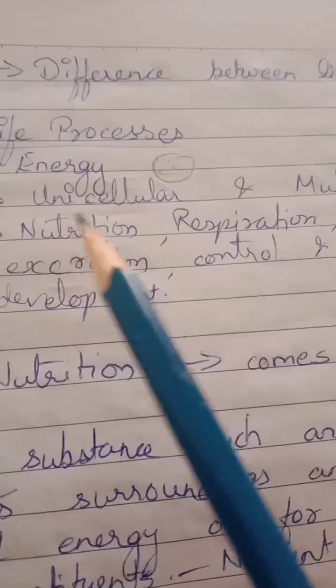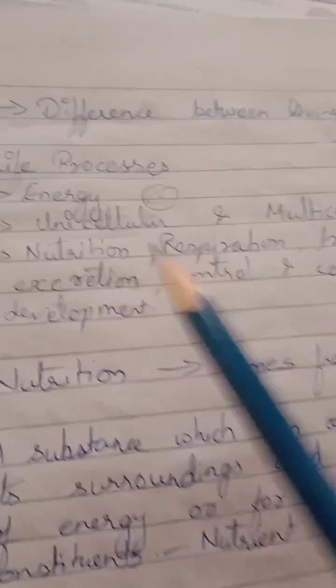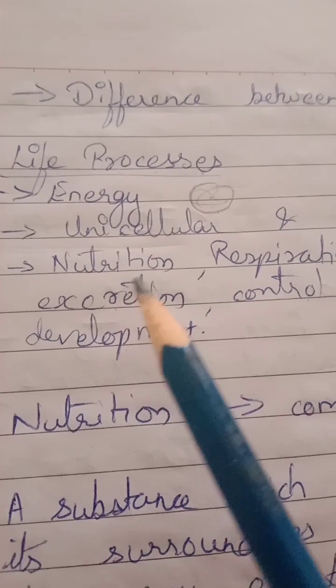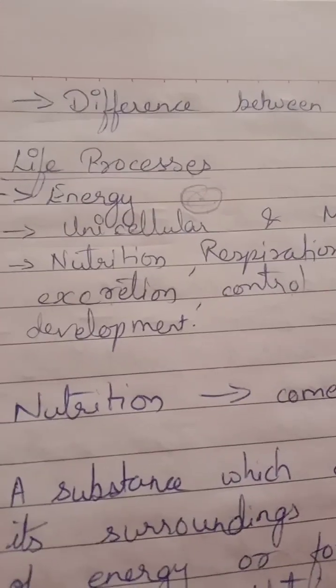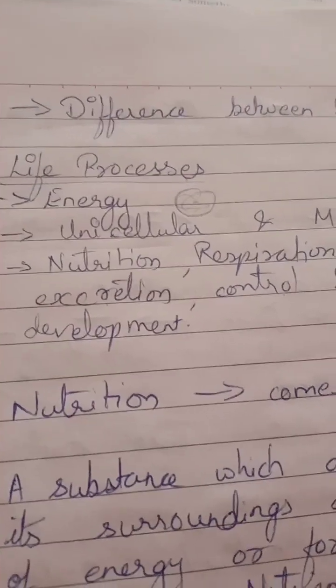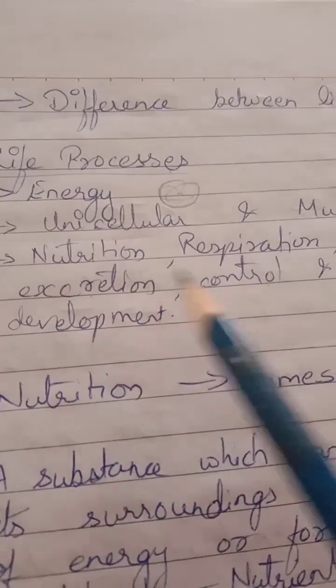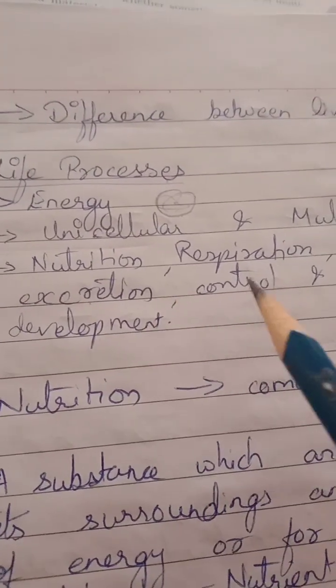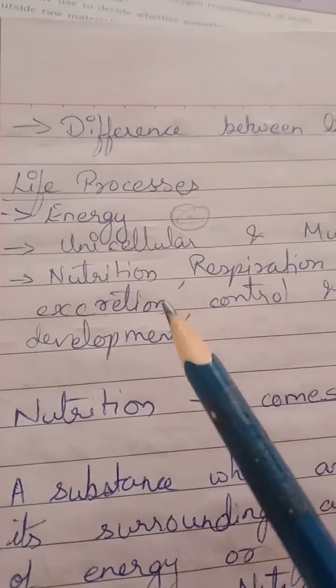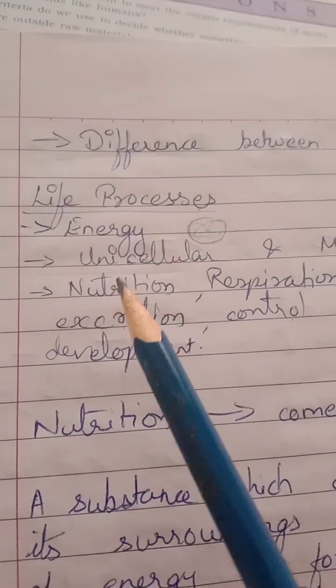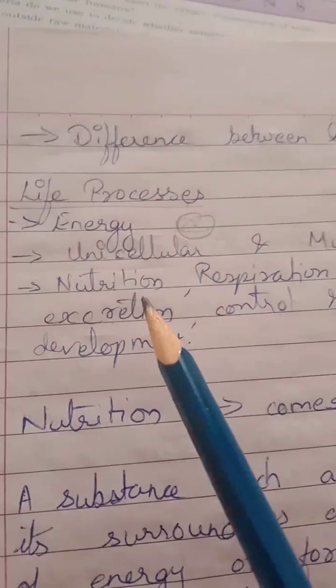These are the processes required for our body for growth, development, reproduction, everything that is happening. All these life processes should occur to have a balanced, healthy life. So in this chapter we are going to deal with the life processes one by one.